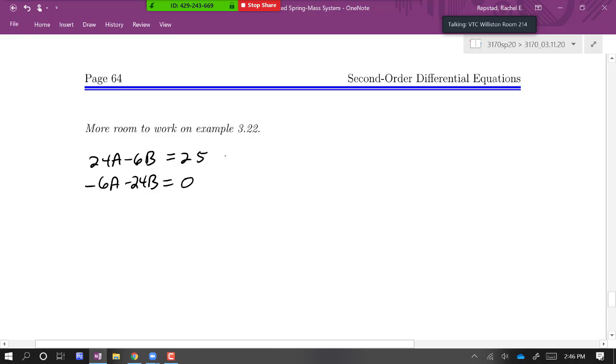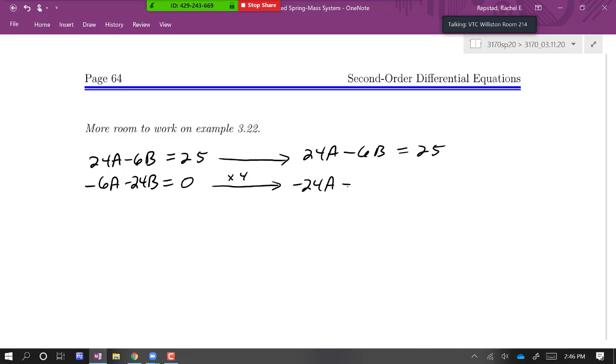And this is, I think, pretty convenient to do algebraically. I'm going to leave the top equation unchanged. I'm going to multiply the bottom one by 4. So we have negative 24a minus 24 times 4, which is 96.